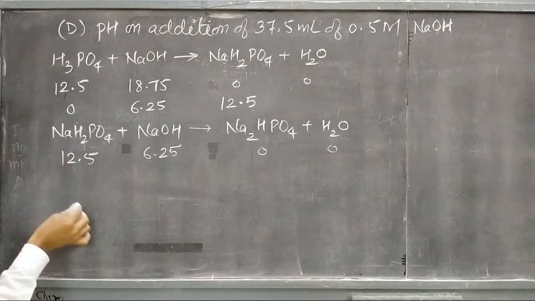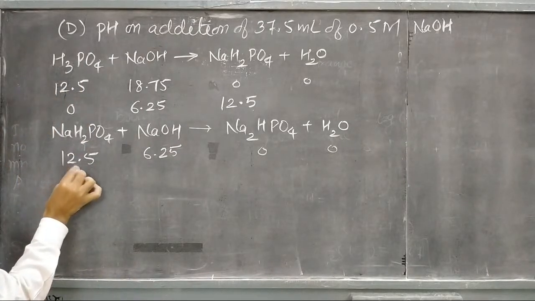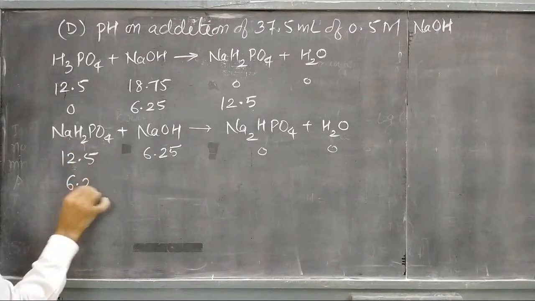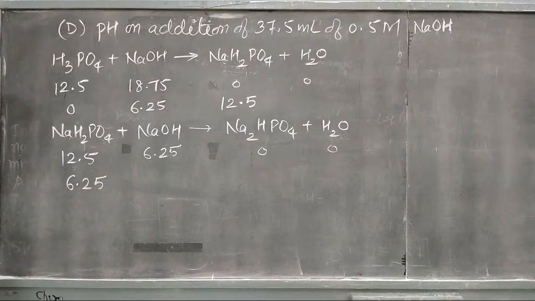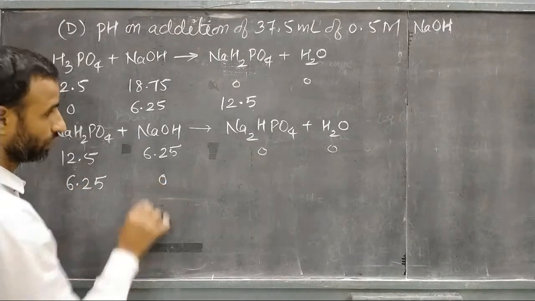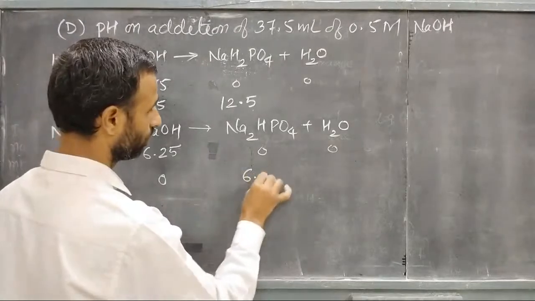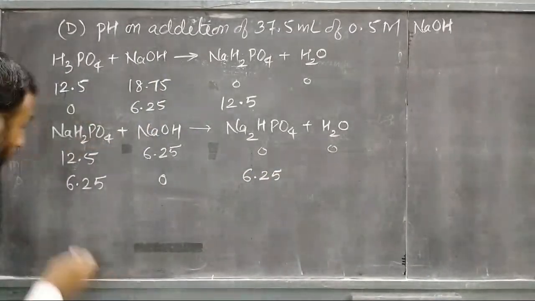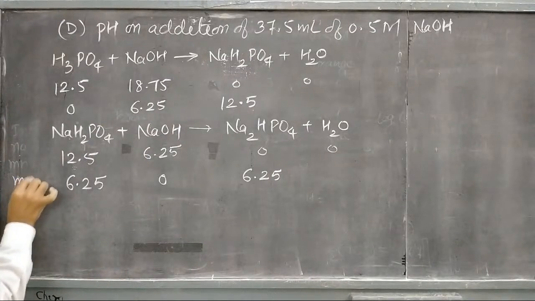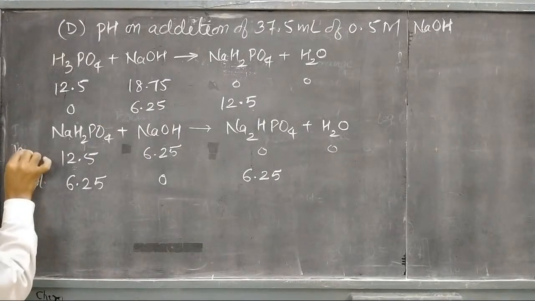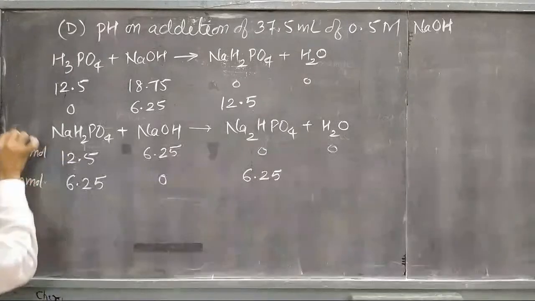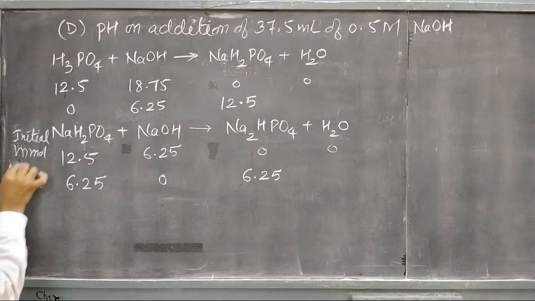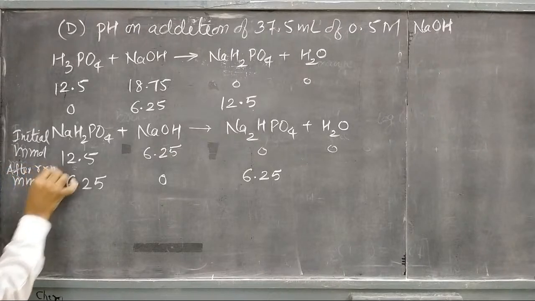Now after the reaction, how much NaH2PO4 is left? 6.25, and the sodium hydroxide becomes 0, and Na2HPO4 formed is also 6.25. These are the millimoles, initial and after reaction.